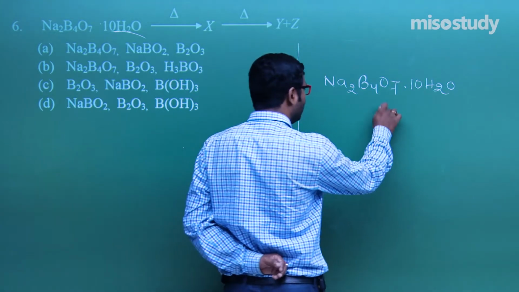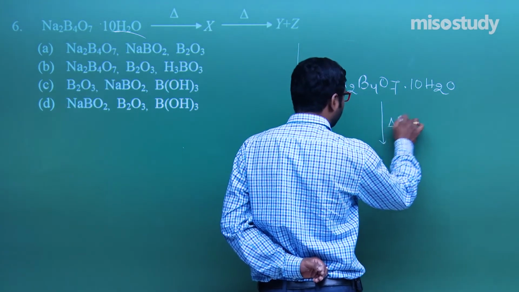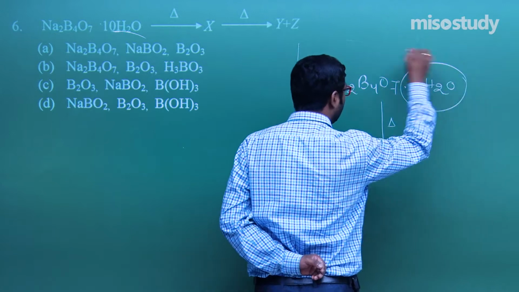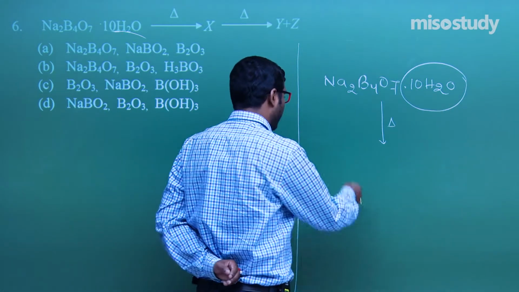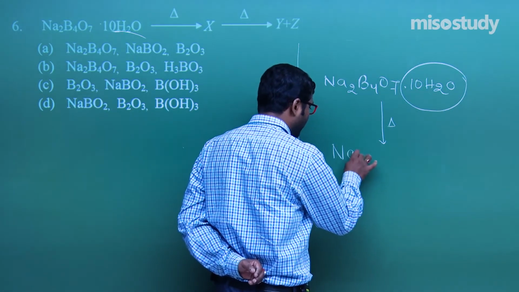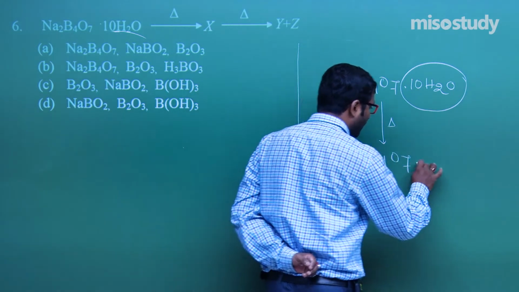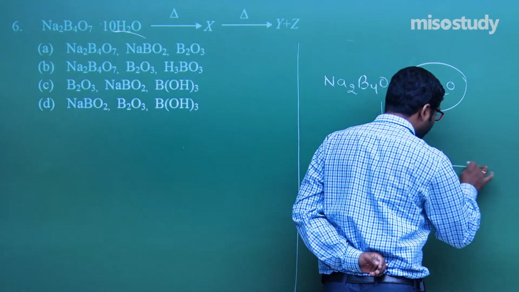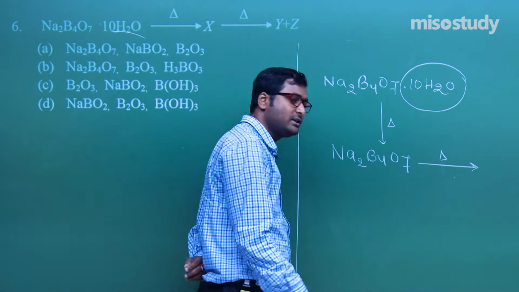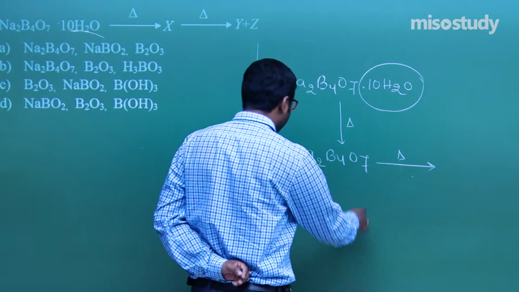When heat is given, then what will happen? It loses its water molecules. Remember this? Then it will form Na2B4O7. On further heating, what will happen? Tell me.